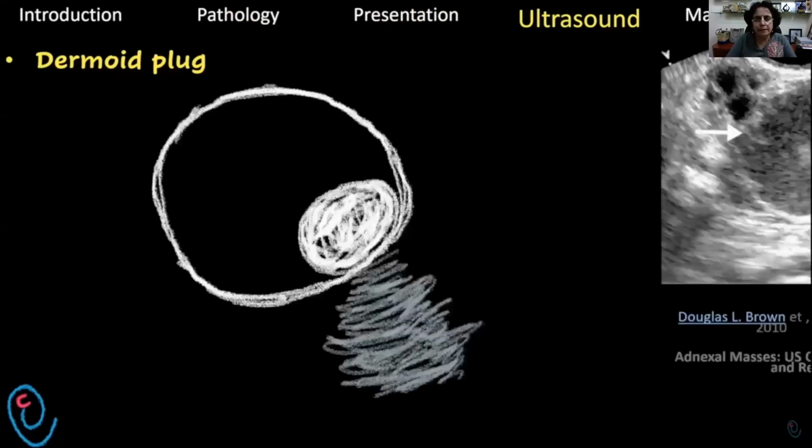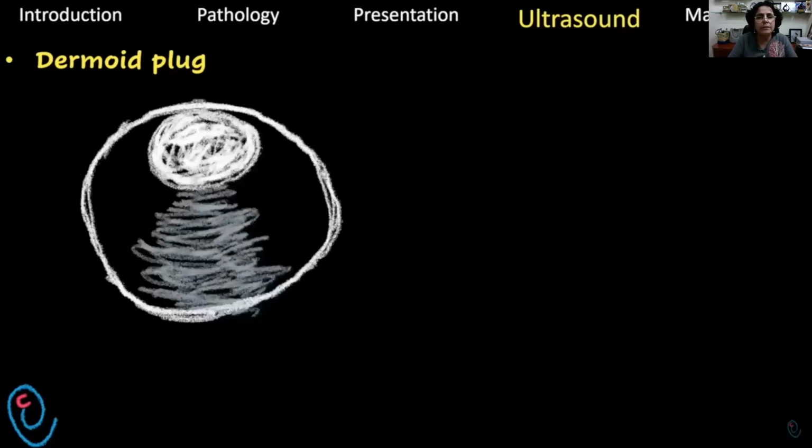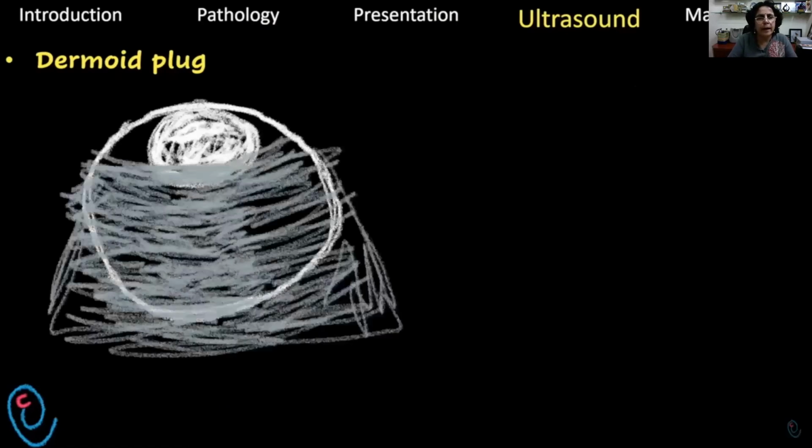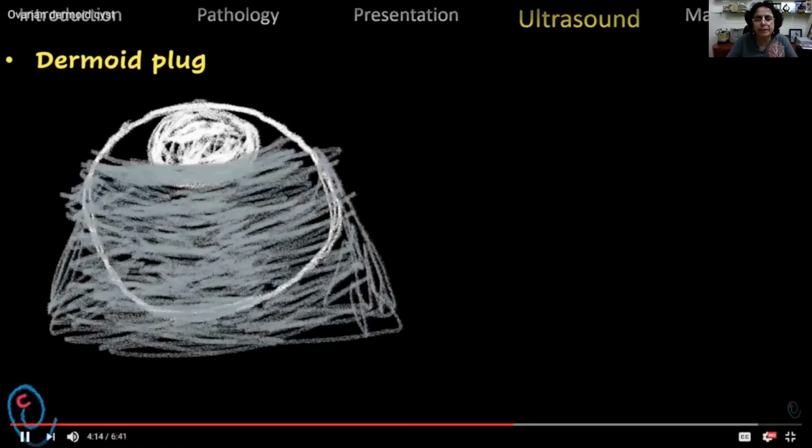These we can see on the ultrasonography. This is the hyperechoic dermoid plug with the acoustic shadows. Sometimes, with a larger dermoid plug, the acoustic shadows cover the whole area of the plug, and only the superficial or top surface is seen.